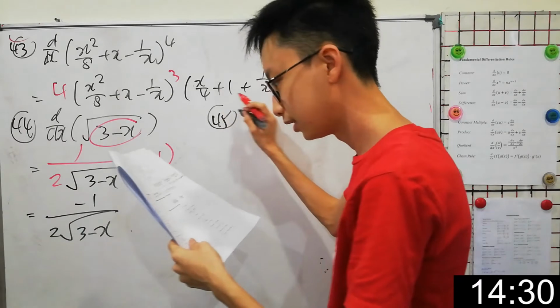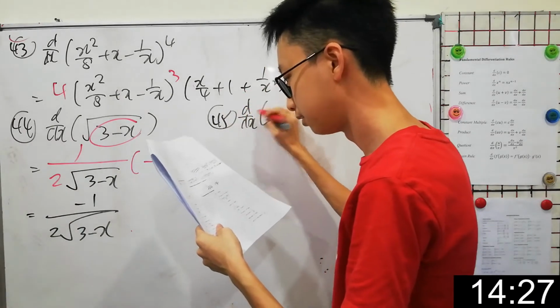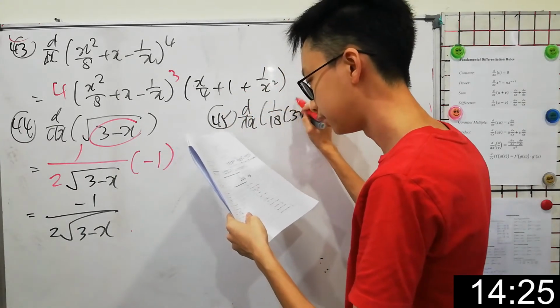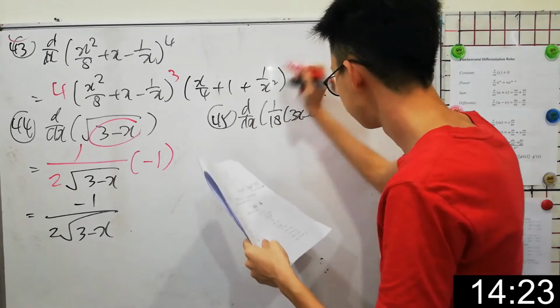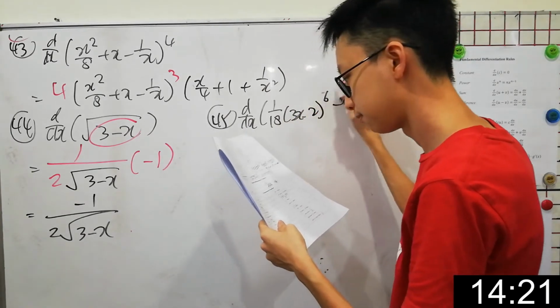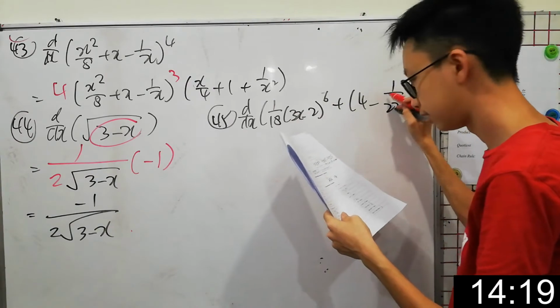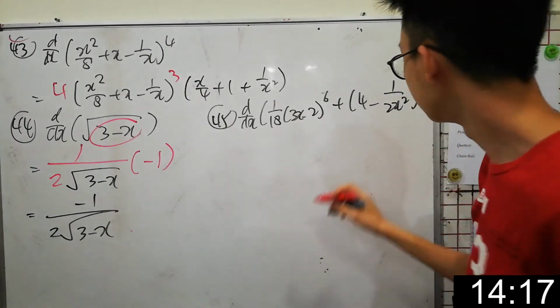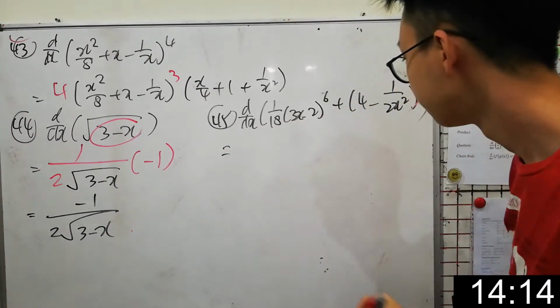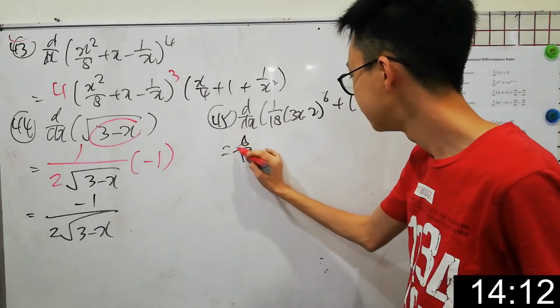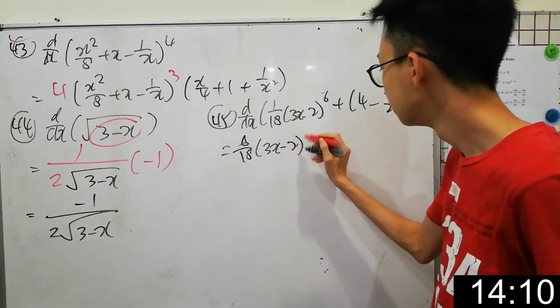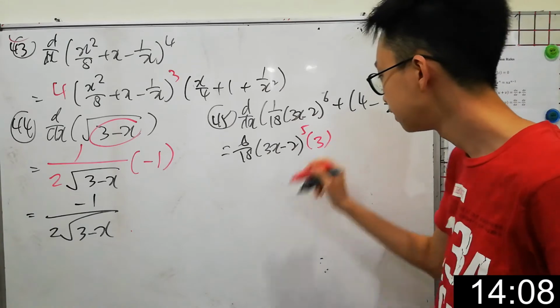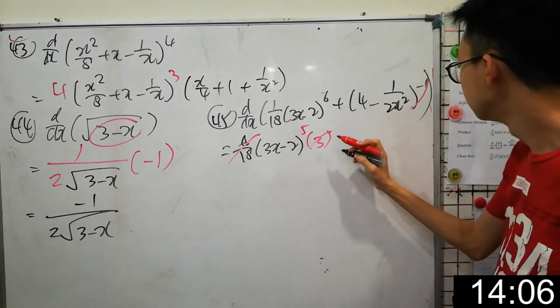Okay, 45, I do it here. d/dx of 1 over 18 times 3x minus 2 to the 6th, plus 4 minus 1 over 2x squared, minus 1. This is just a sum rule. So 6 over 18, 3x minus 2 to the 5th, then times 3, and this and this can cancel.